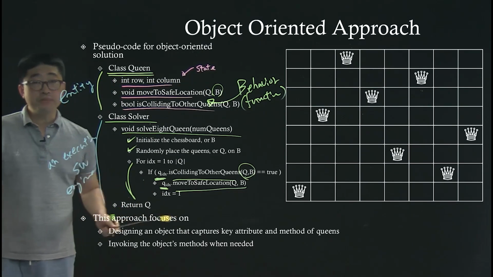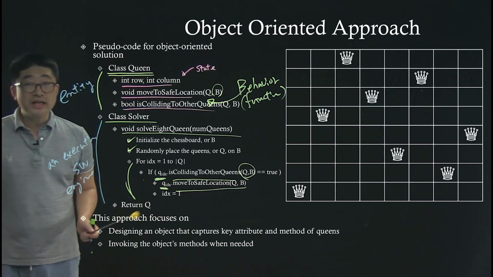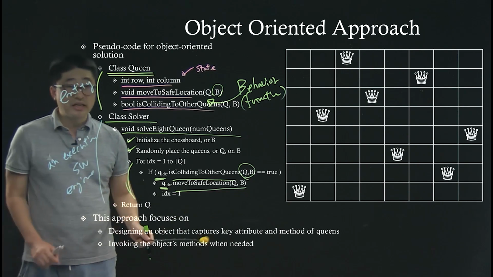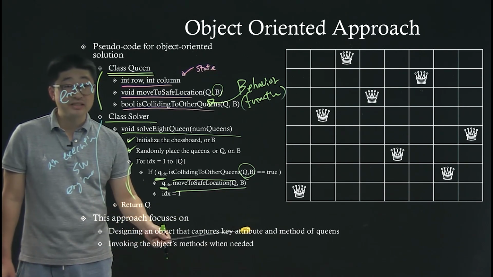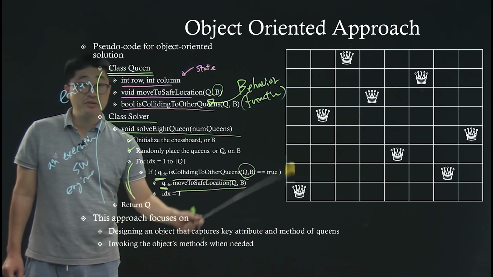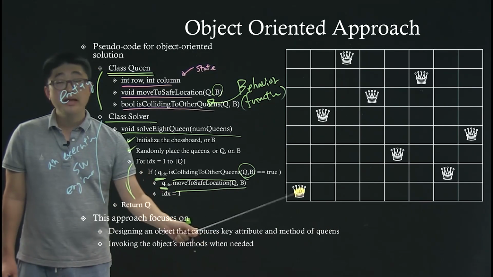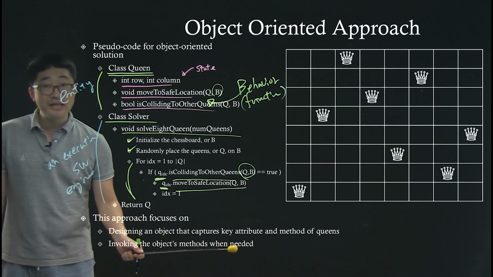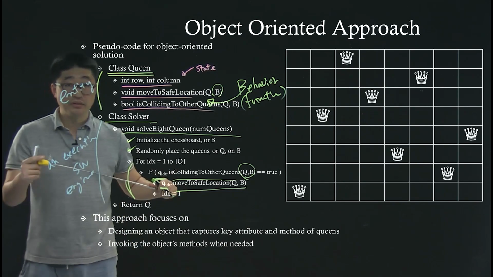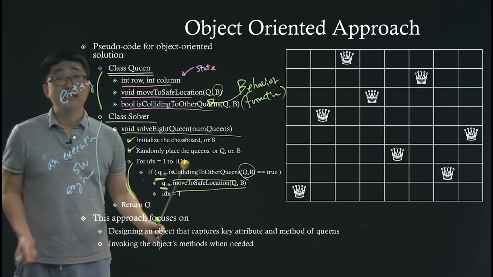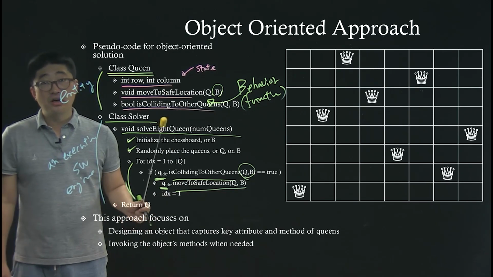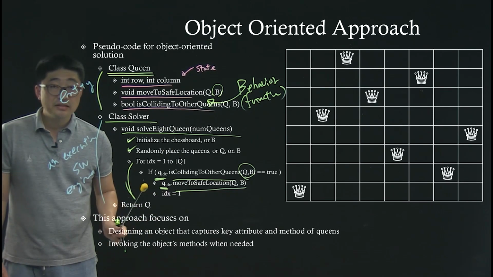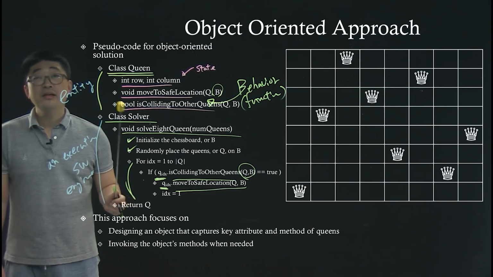This approach focuses upon designing an object that captures key attributes, here the state, and methods, here the behavior and function of the queens. After that, we invoke the object method when needed, when called upon, when an event occurs. That's the structure of the simulation engine and simulated entity model.